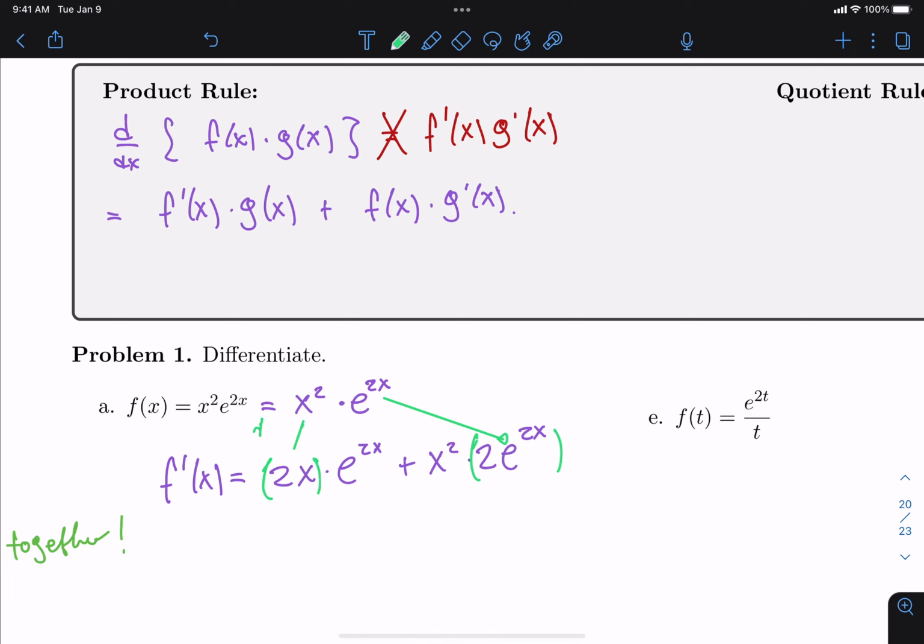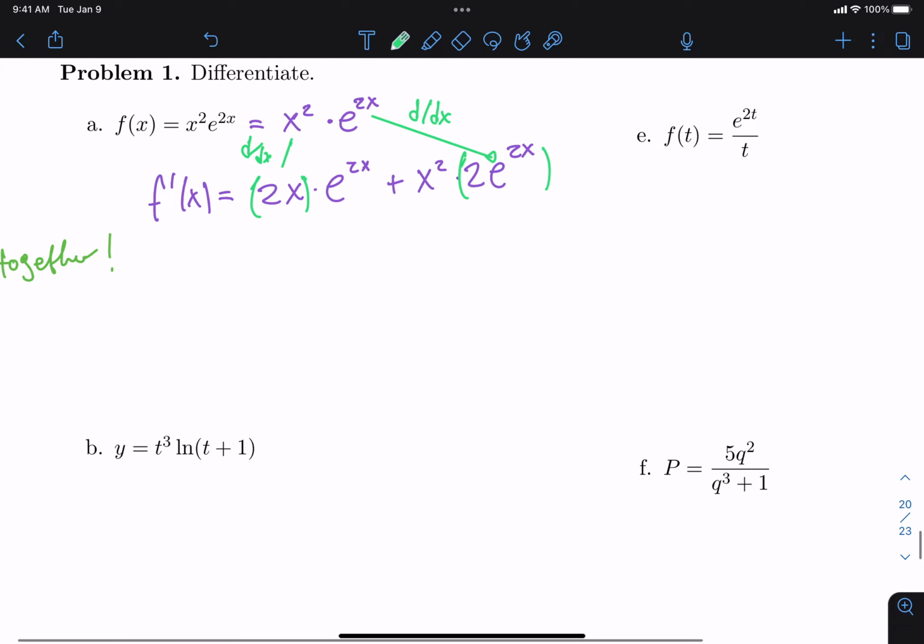So these were the derivatives. So it's derivative of one and not the other, and then it's derivative of the other and not the one. Okay? So that's a product rule example.